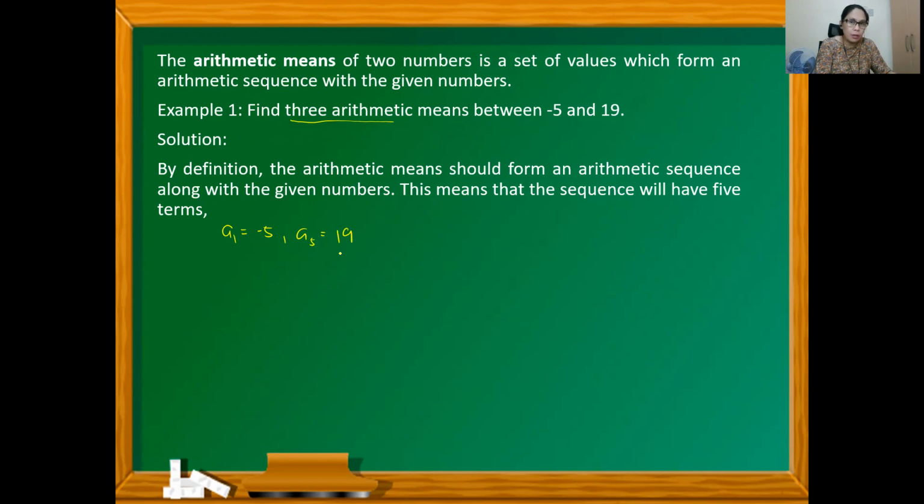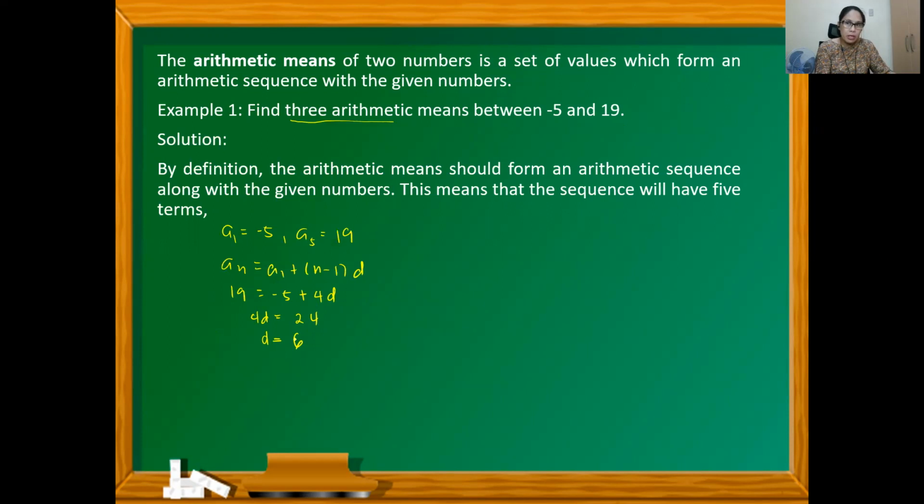And then we can use this information to solve for d. So we have a sub n equals a sub 1 plus n minus 1 quantity d. So we substitute 19 here equals -5 plus, so this must be 4d. So we have 4d here equals 24. So dividing both sides by 4, we have d equals 6.